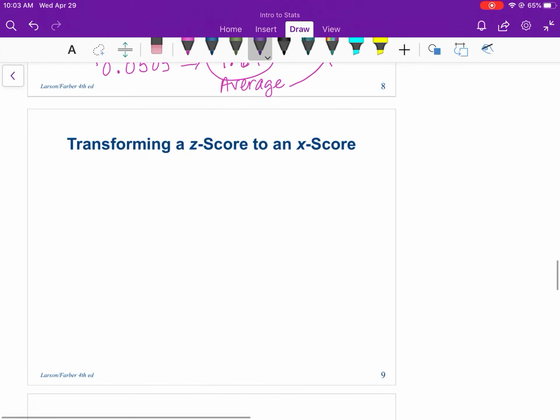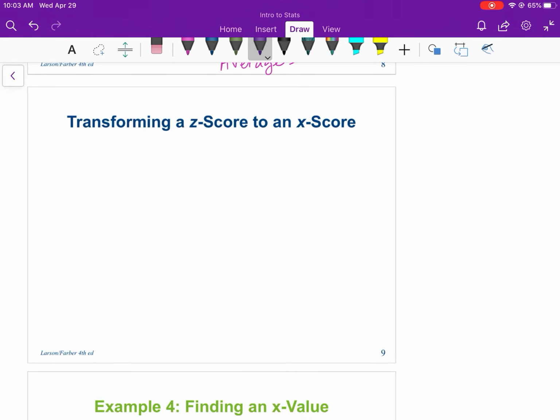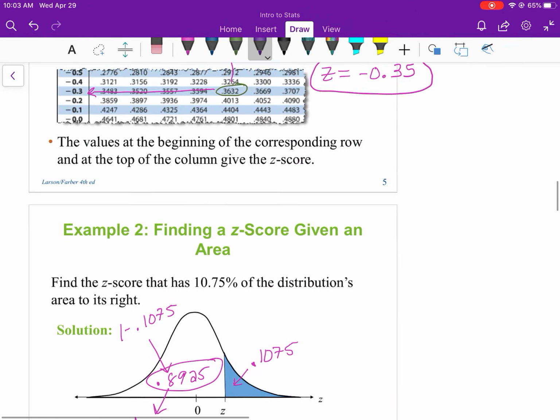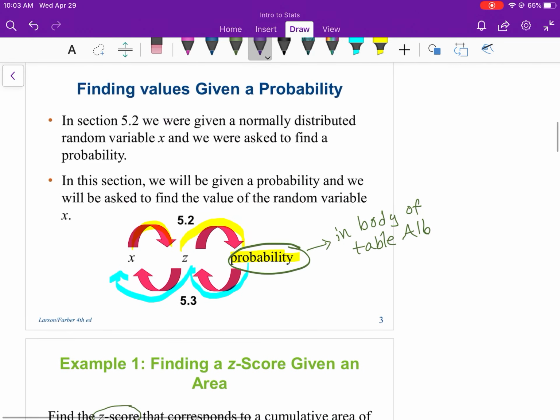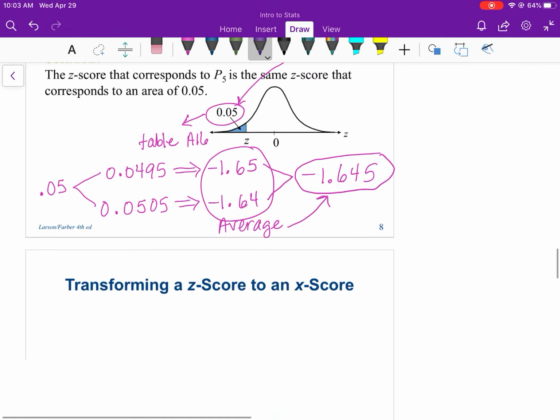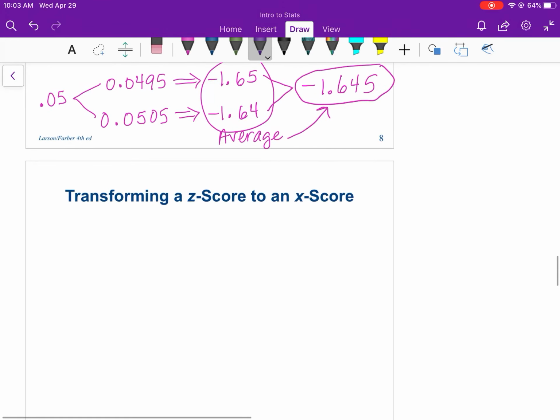Okay, moving on, we're going to transform a z-score to an x-score. Remember, part of going backwards is this right here, a z-score to an x-score. So we're going to use some algebra skills to do that. We know from lesson 5.2 and before that a z-score is found by taking x minus the mean, dividing by the standard deviation.